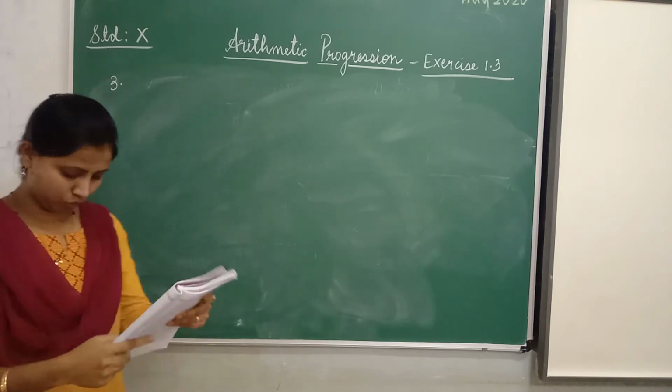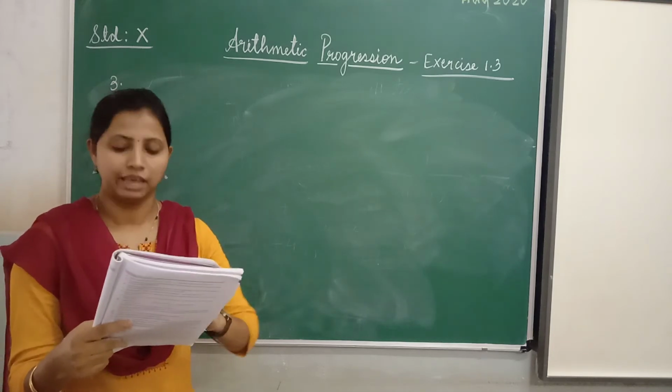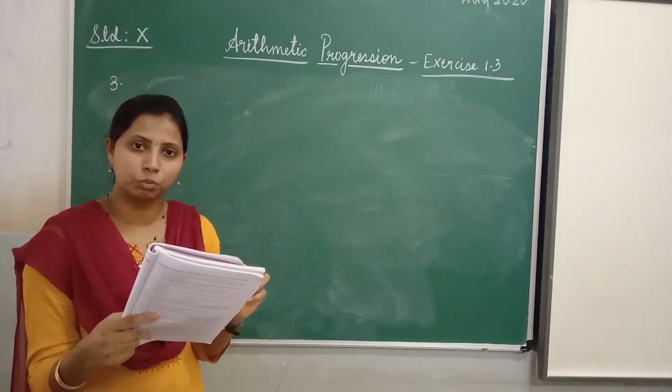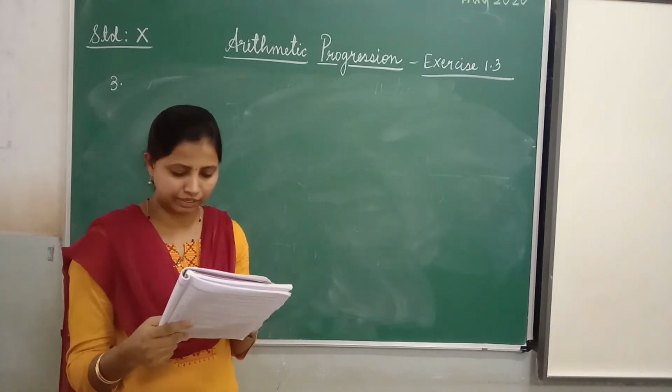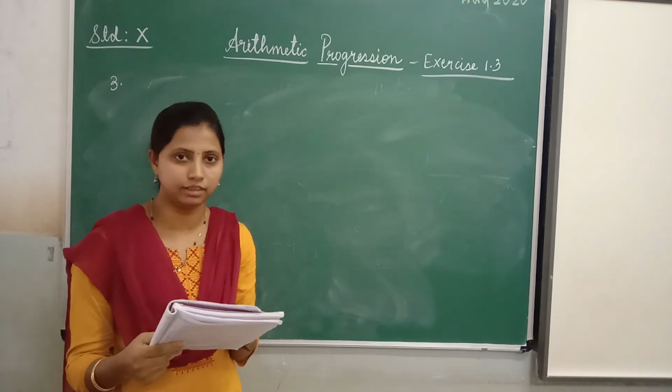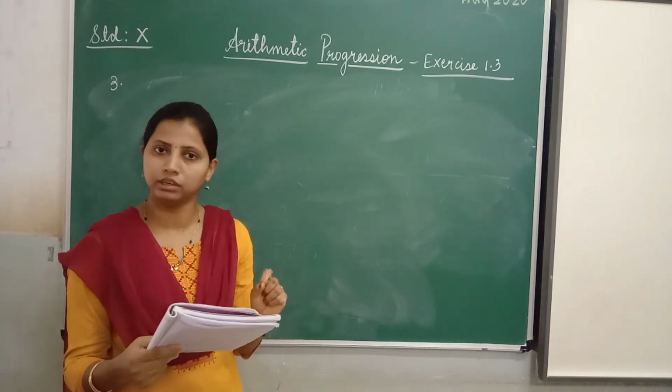Yes. Now the third main question, they have given the APs and they have given different things to be found out. Let's see the sum of the given things. Okay, 10 questions are there in this third main. I will show you a few, based on that you can solve the remaining ones.